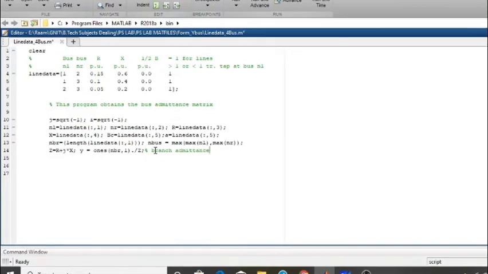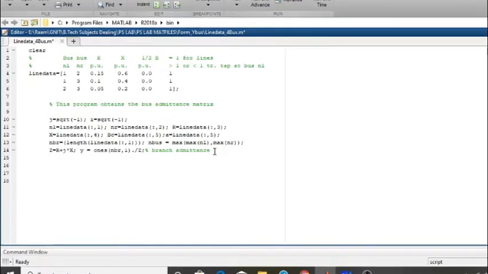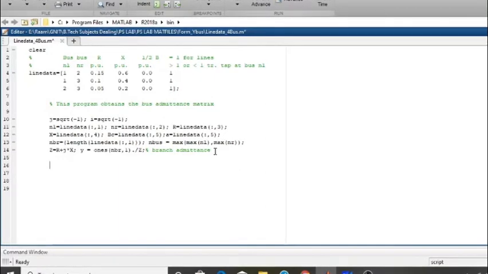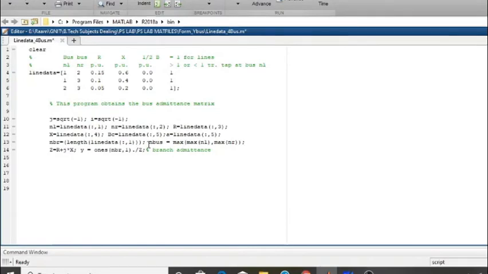Because we are writing it with a percent sign, this will not affect the program. We need to start. Whatever data we have given, we have named using NL, NR, capital R, X, B susceptance, the size, how many buses there are, and the admittance value of each element.